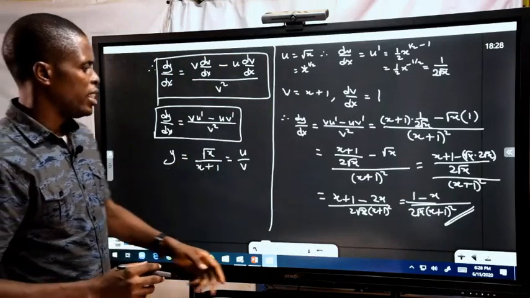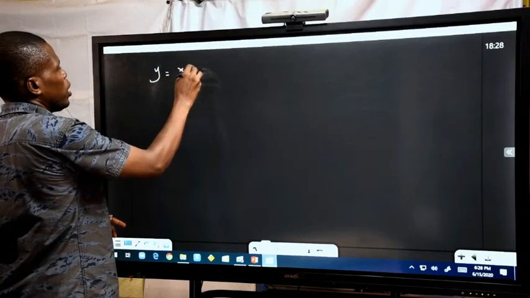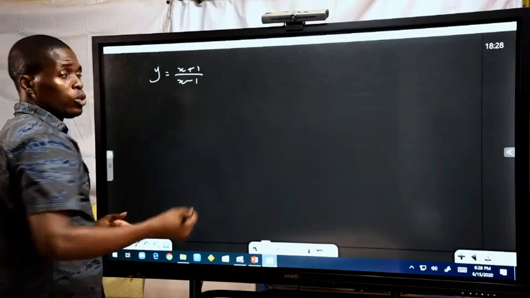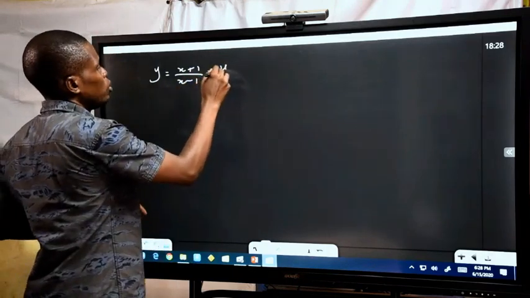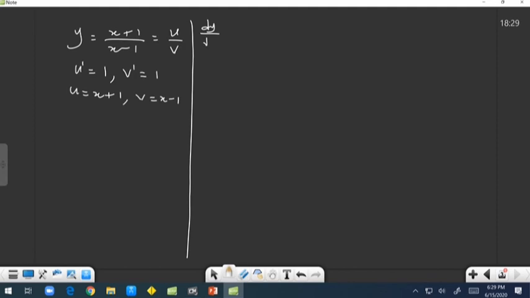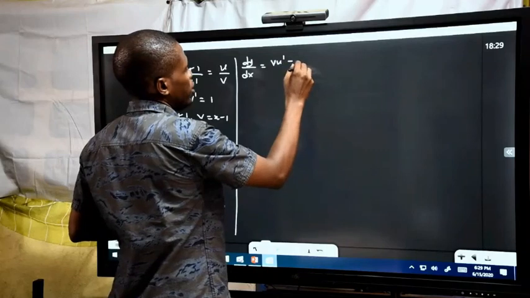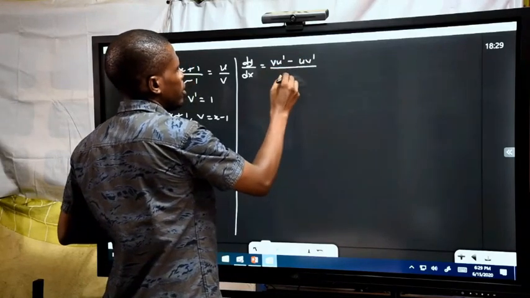We can solve other related problems, very simple ones. Quickly, we have y equal to x plus 1 over x minus 1. To differentiate this, we make this also u over v. Recall that u is equal to x plus 1, and v is equal to x minus 1. U prime is 1, and v prime is 1. So when we simplify this using the quotient rule, dy over dx is equal to v u prime minus u v prime divided by v squared.